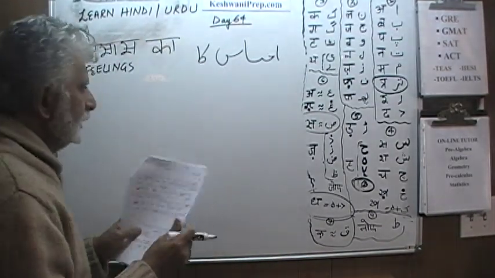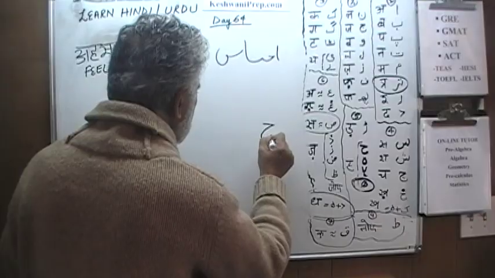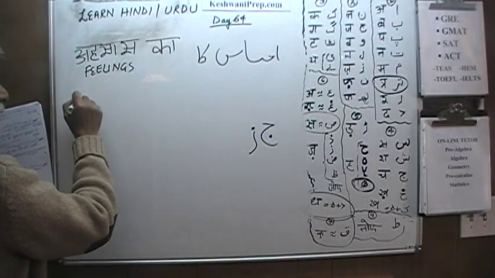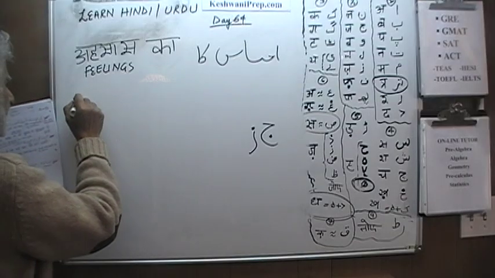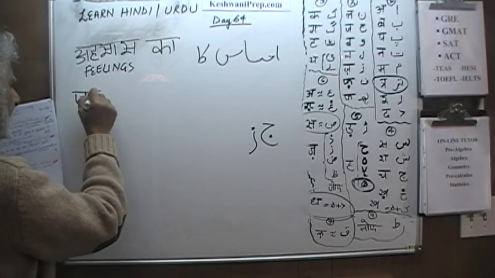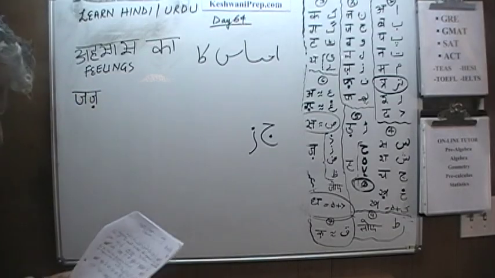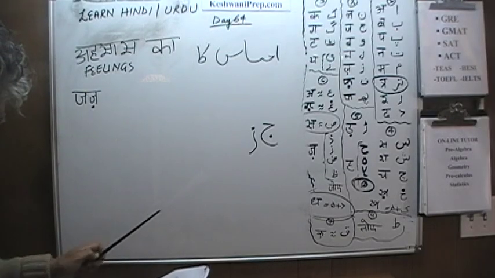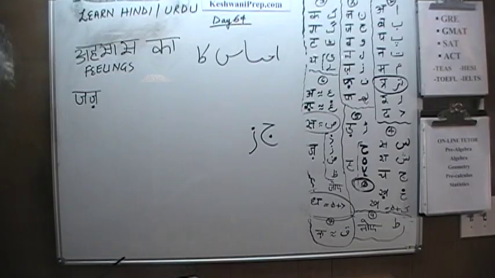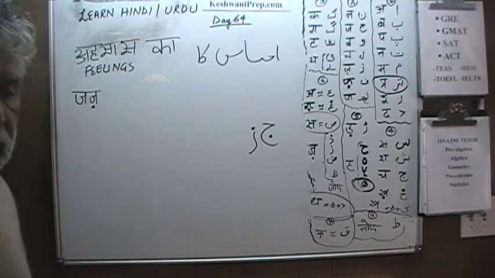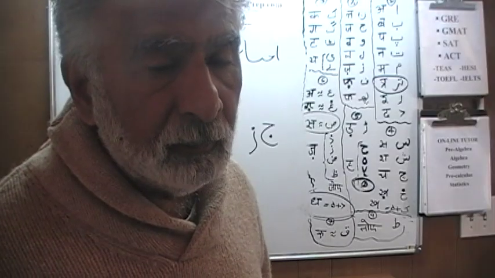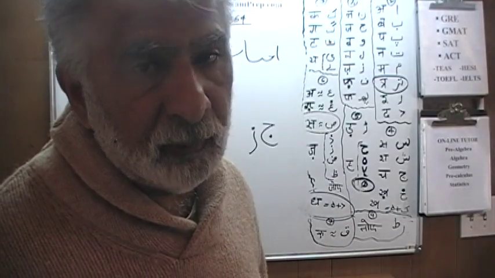The next word is j, z. This is a bit tricky one for Hindi because, as you know, Hindi does not actually have a unique letter for the sound z. As a matter of fact, a lot of people from India, I found, cannot even pronounce z.